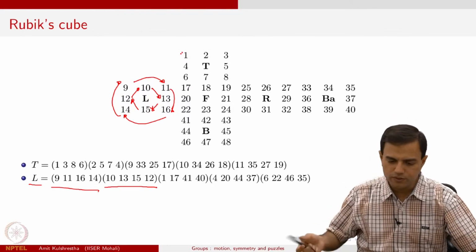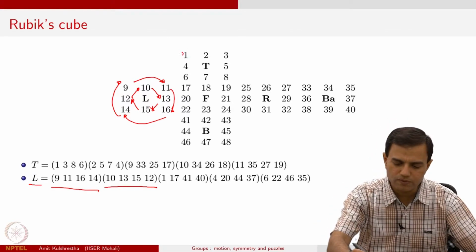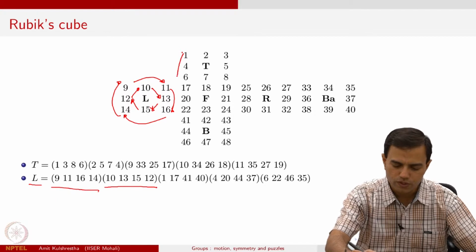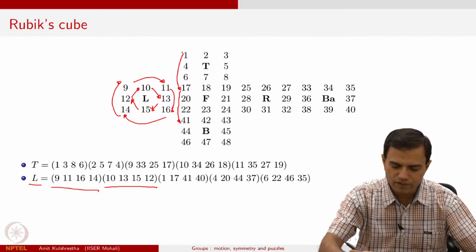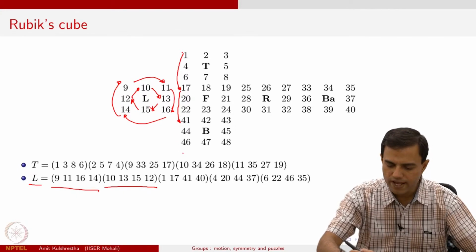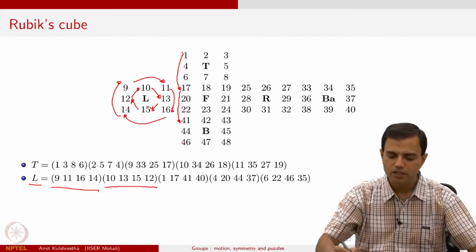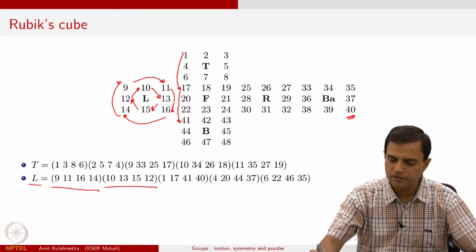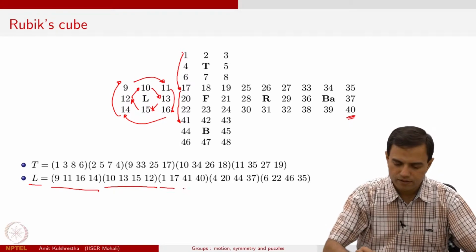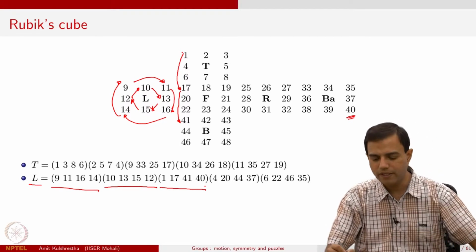And when you open the cube, you would realize that what happens to 1 in this move is 1 goes to 17, 17 goes to 41, and 41 goes to, well, the way the cube is packed, this is the opened cube, 41 actually goes to 40. So that you have to realize by experimenting.